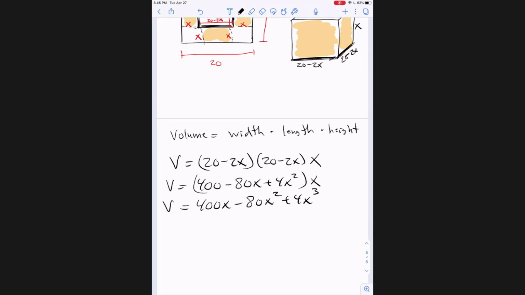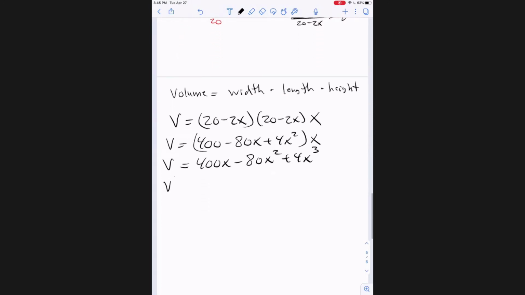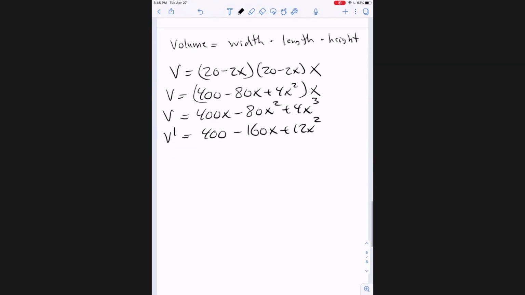So now we're going to take the derivative. I'm going to set the derivative equal to 0, and I'm going to rewrite it in standard form as well. All right, I'm going to divide everything by 4 here. So 3x squared minus 40x plus 100 equals 0.